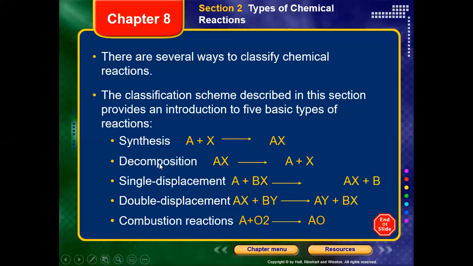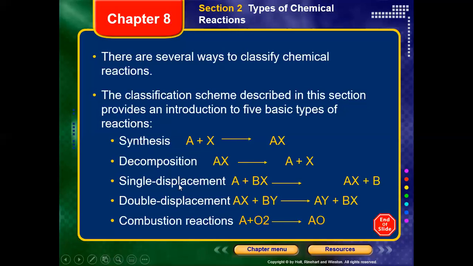While a decomposition reaction is the opposite: 1 compound decomposes or breaks down into 2 new compounds, or 2 new elements. One reactant, 2 products. While in a synthesis reaction, 2 reactants, 1 product.